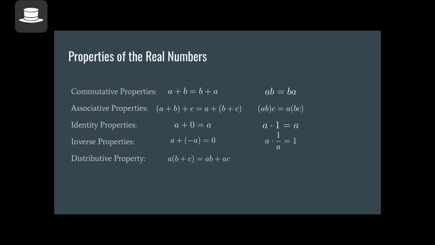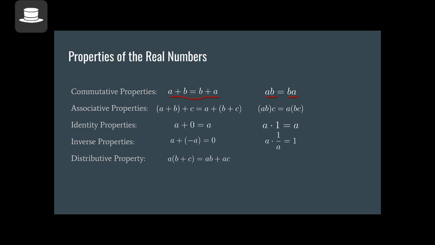So the commutative property of addition says that a plus b is equal to b plus a. And then, in a similar sense, with multiplication, a times b is just equal to b times a. So 3 times 2 is equal to 6. 2 times 3 is also equal to 6.